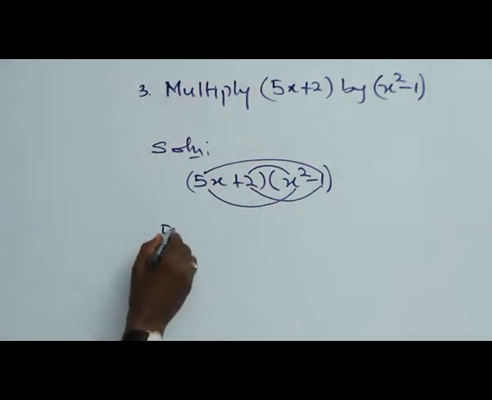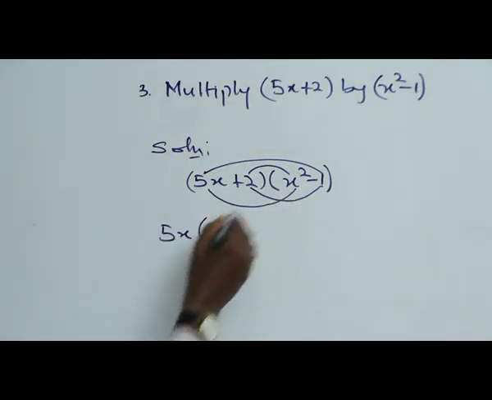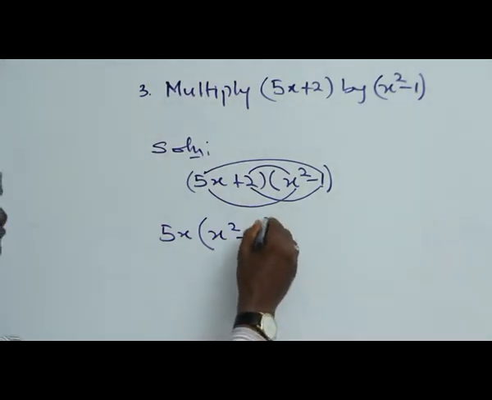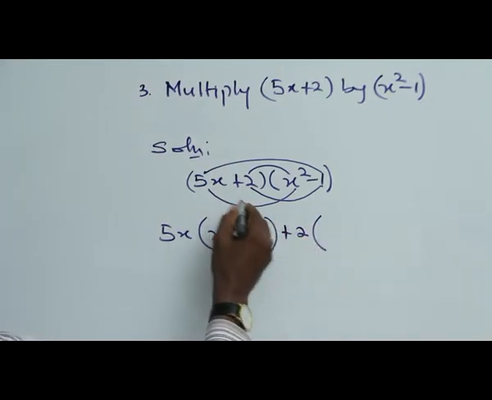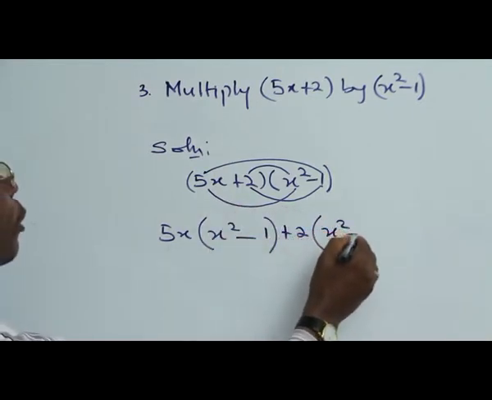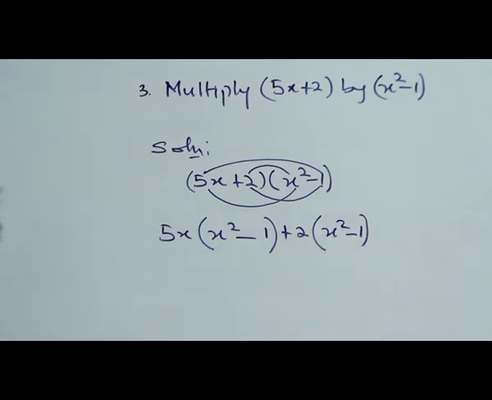That means we have 5s going into s squared minus 1. Then we have plus 2 going into s squared minus 1. And that brings out our smiley face: 5s cubed plus s times s squared.